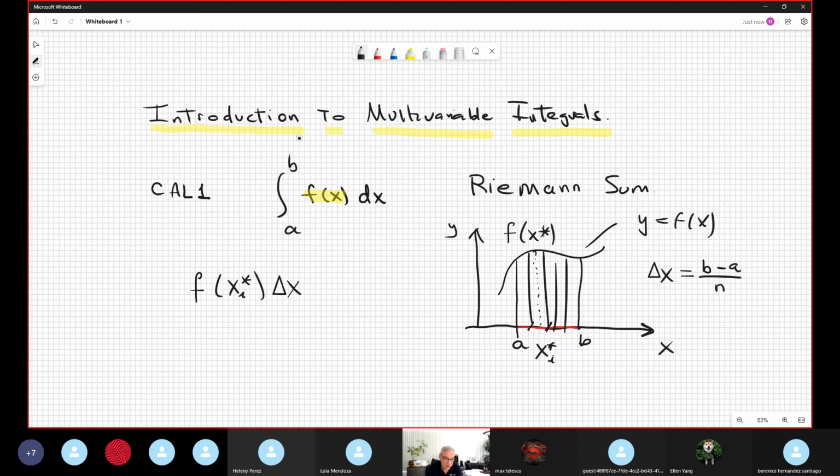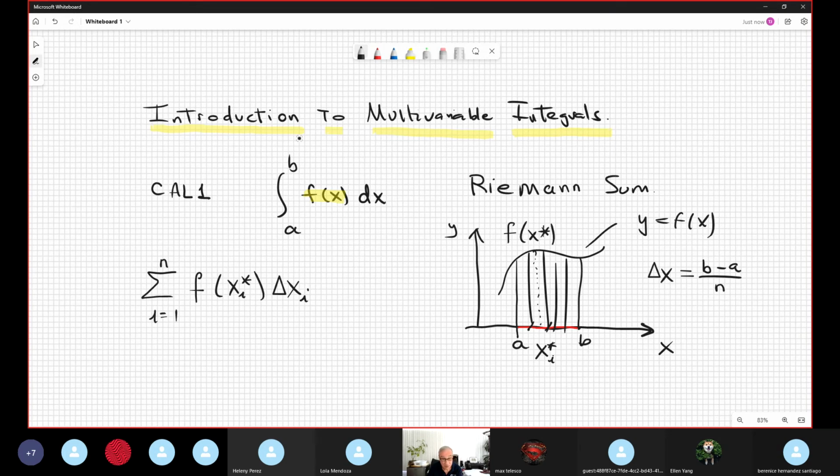I put delta x or delta x i, either way, depending on whether the partition is regular, so I'm using the same common delta x, or not. Even if I'm doing a crazy partition, I guarantee you 100% that the integral converges to the same value, regardless of the selection of the point and the selection of the partition. And the summation, from i equals 1 to m.